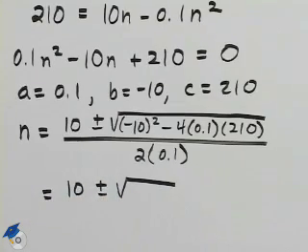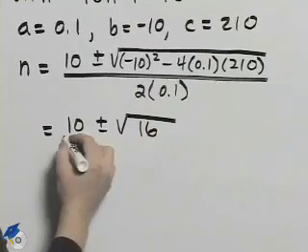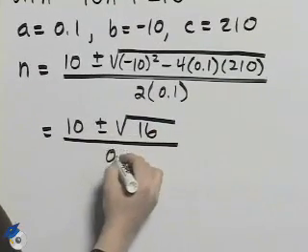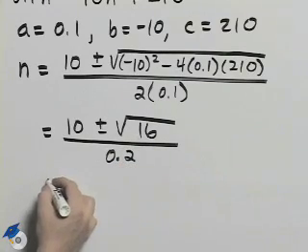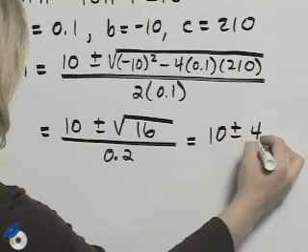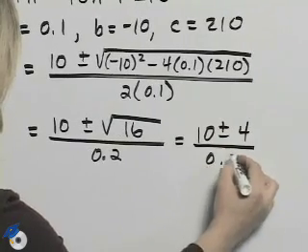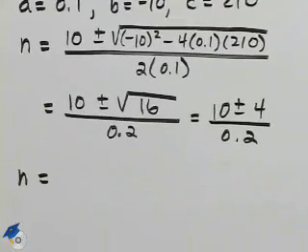Now if we put this into a calculator, we should get the square root of 16, and that will be all over 2/10. We know that the square root of 16 is 4. So at this point, we should be able to write this in terms of the two solutions.